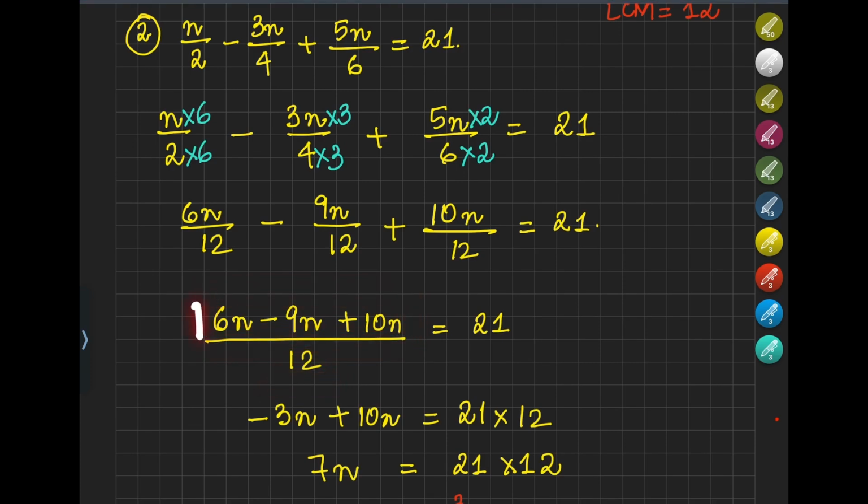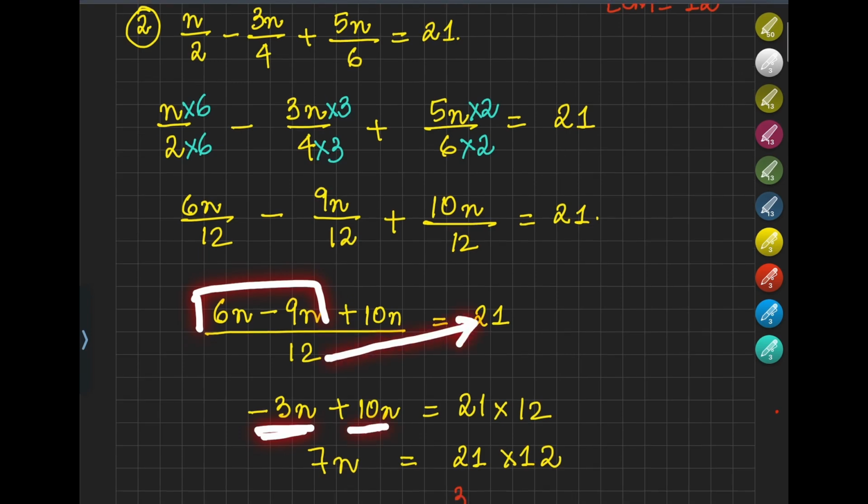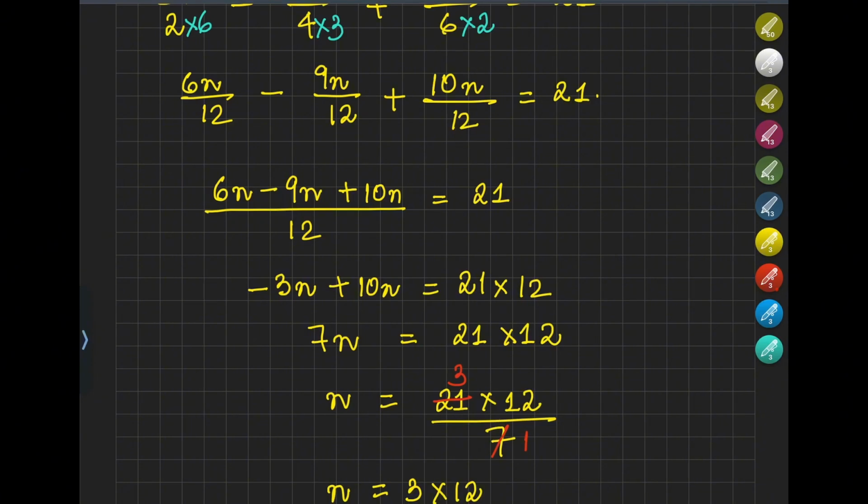In the next step, what do we do? We solve this to write minus 3n plus 10n, and this 12 goes to the right hand side to multiply 21. We won't multiply 21 and 12 because it may get reduced in the next step. So don't be in a rush to multiply. Then minus 3n plus 10n gives us 7n, and as you can see, this 7n is in multiplication in the LHS.